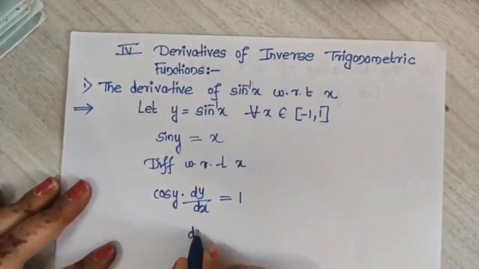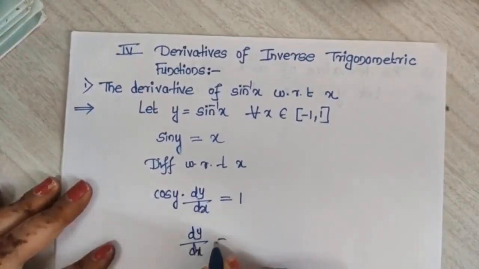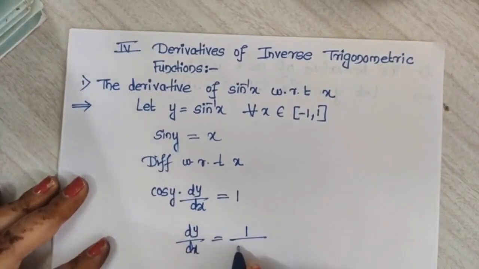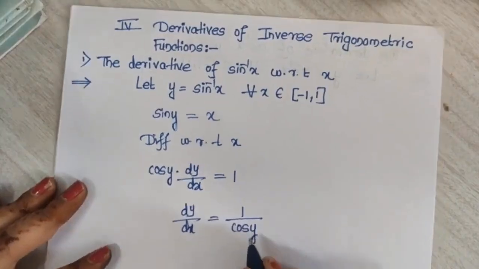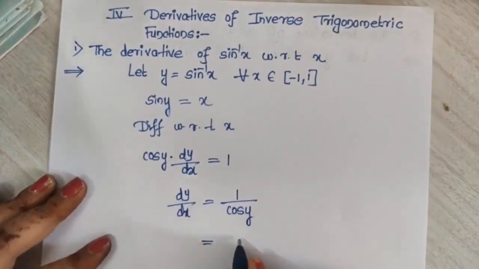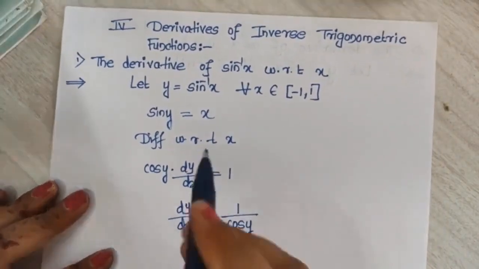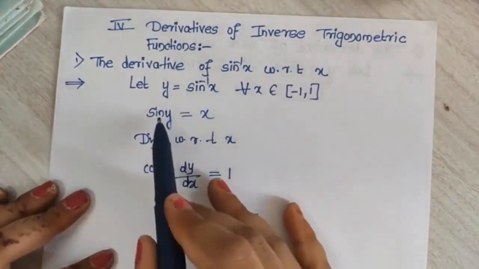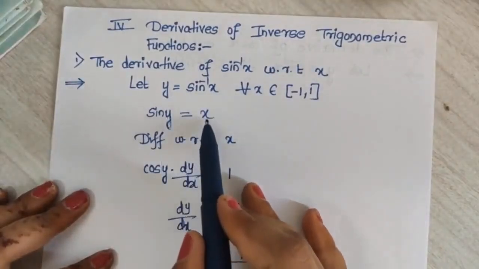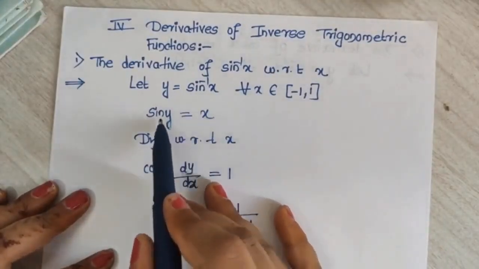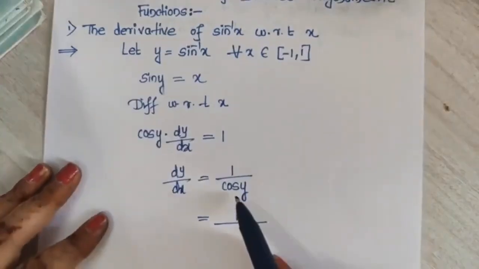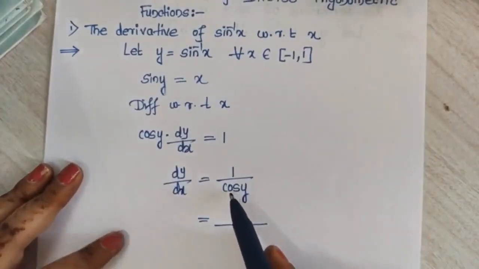So dy by dx is equal to 1 divided by cos y. Now we know that sin y is nothing but x. The x value we have as sin y, and here we got the derivative in terms of cos y.